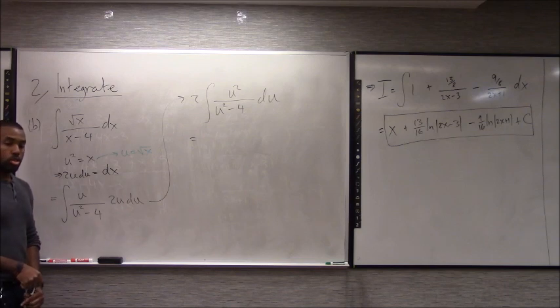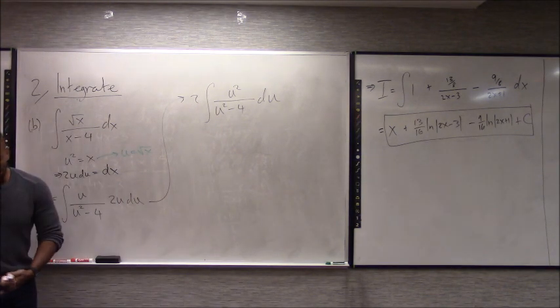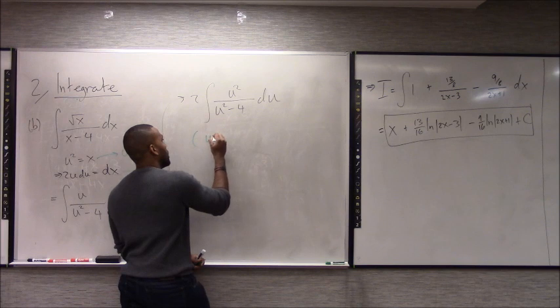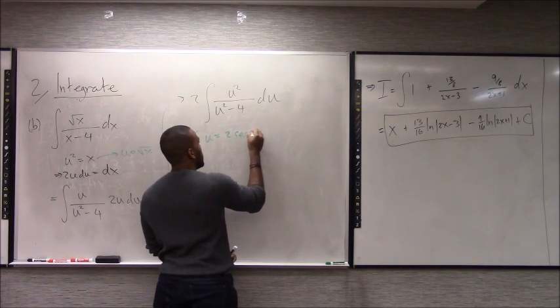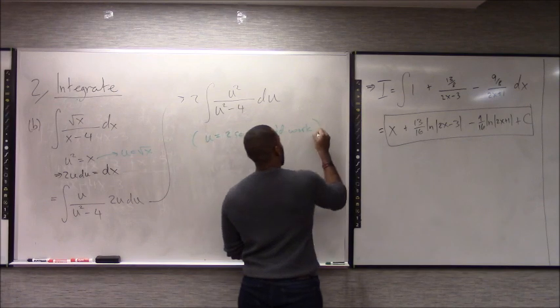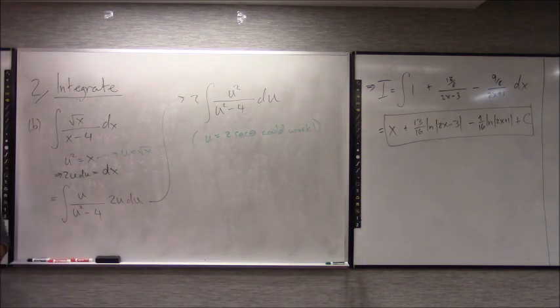Yeah, you could do a trig sub here. And if it's the first or only thing you see, I would just jump and do it. So u equals 2 secant theta could work here. And I encourage you to even try it and see how you like it, but I'd rather not use a trig sub here.